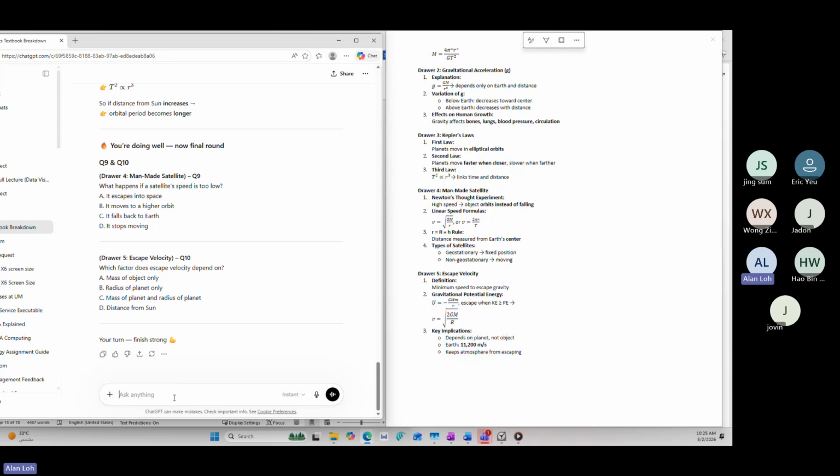Let's see. What happens if a satellite's speed is too low? Okay, I think it's no longer B and C. C and C. Okay, let's try.